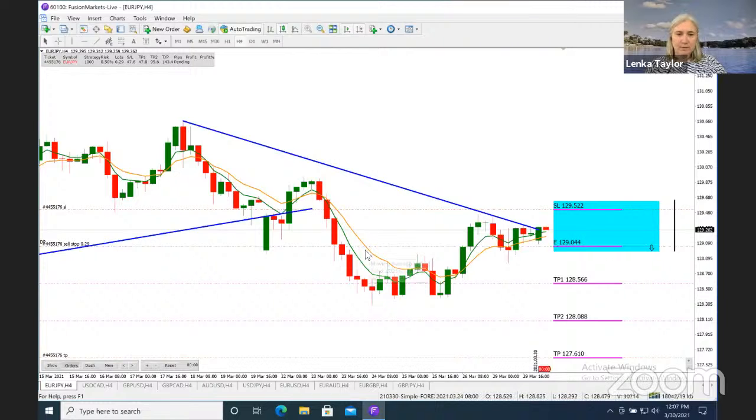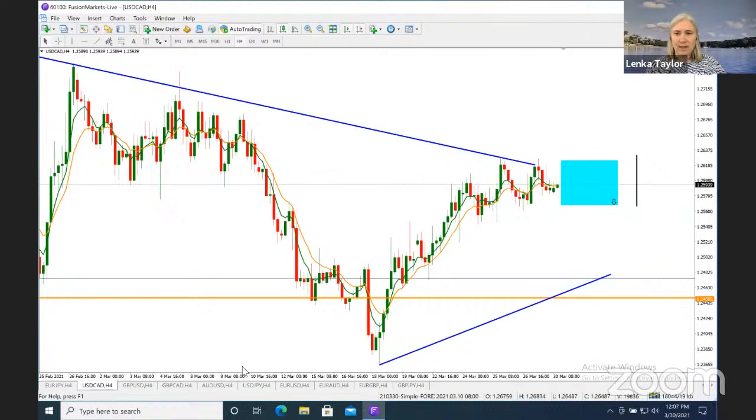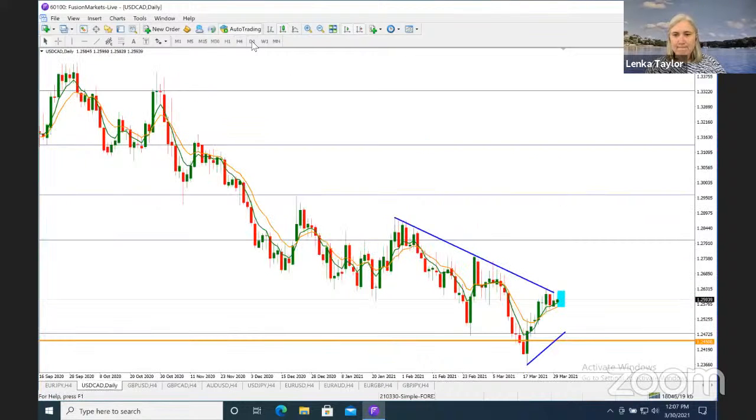All right, so that's the setup for USDJPY. There we go. Let's move on to the next one. Next one is USD CAD. So USD CAD on the daily, I'm still looking for a short.